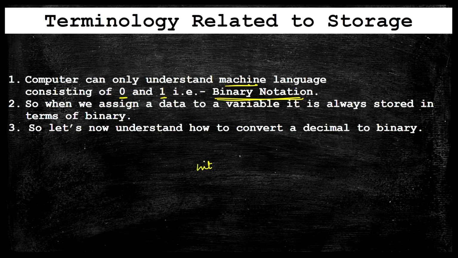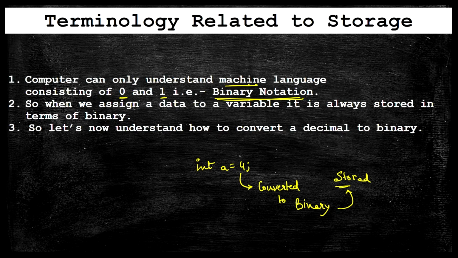Suppose you declared int a equal to 4. How will 4 be represented in the memory? This 4 will get converted to binary, and then be stored in the RAM or the computer memory. Okay, so this was the concept of storage.